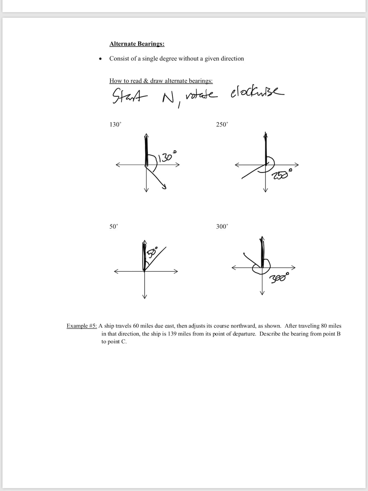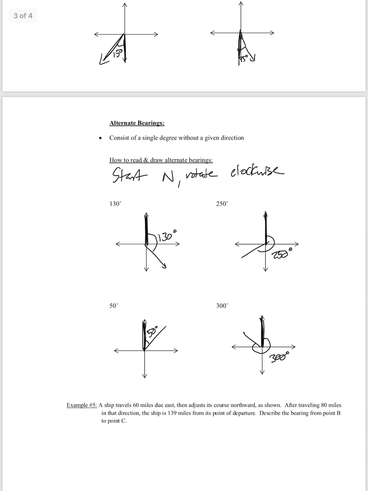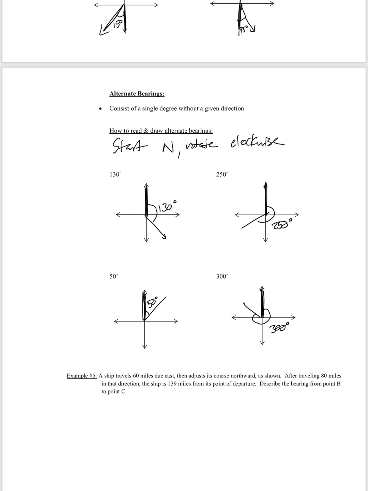So could I describe any of these angles using regular bearing? Absolutely. Sometimes you'll just see one used instead of the other, so you should be able to read each different one, and possibly convert between the two.